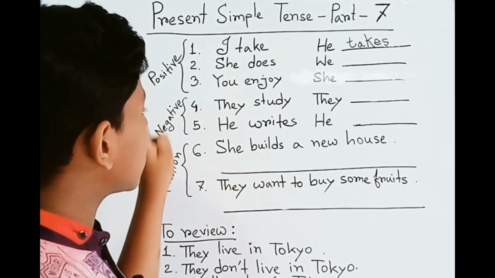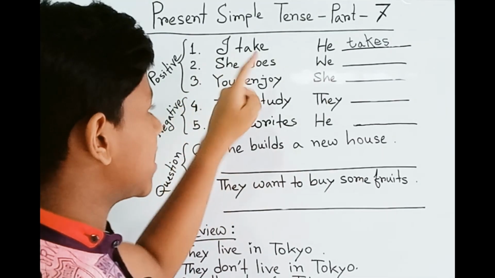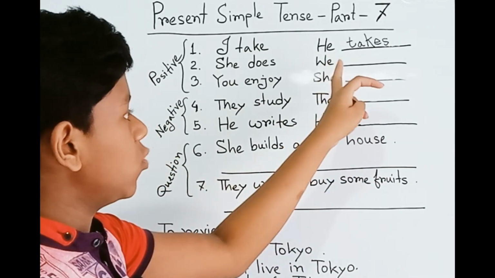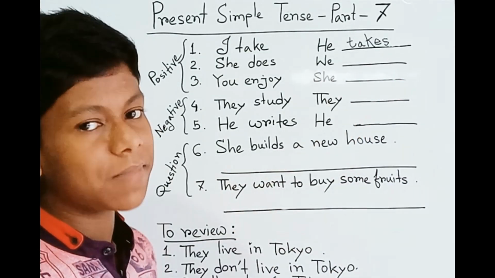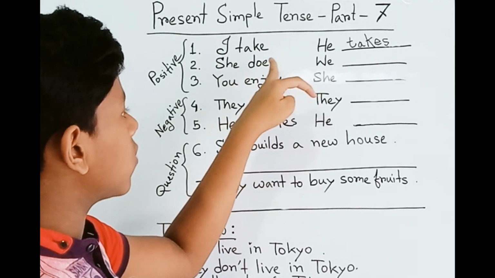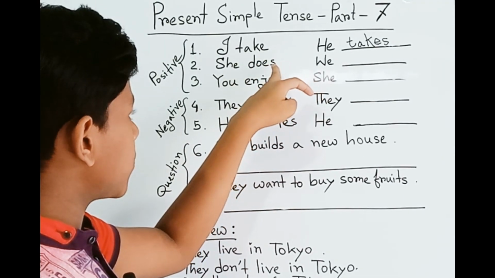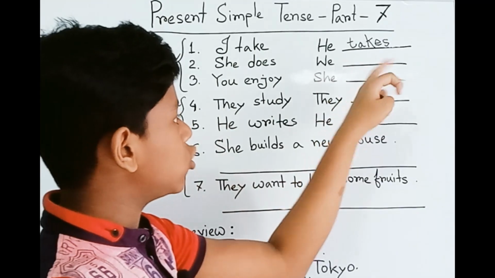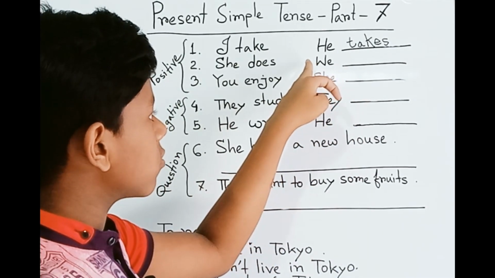And now we are watching our second example, "we blank". What do you think? Which word should we put in that blank? In this sentence "does" is used, so we have to put here "do", because we is first person plural.